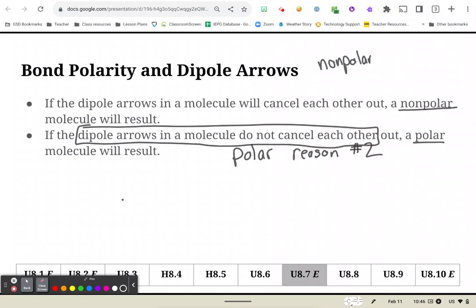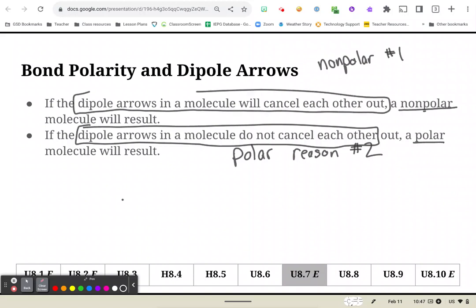There is another one, but we'll see that when we start talking about intermolecular forces. But for the purpose of this learning target, your non-polar reason number one is going to be that if there are dipole arrows in the molecule, they will cancel each other out. That means everything is going to be the same around the outside when the dipole arrows cancel each other out. And again, I'll show you examples of what that means.